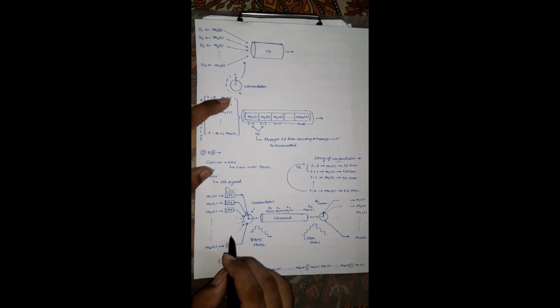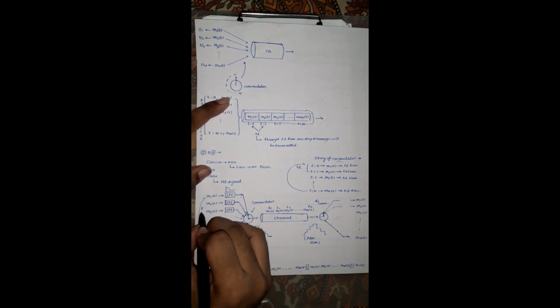But again, just as previously, it is repetitive in nature. After checking at t equal to n, it will again start from t equal to 0. That means it will again start to find the channel.